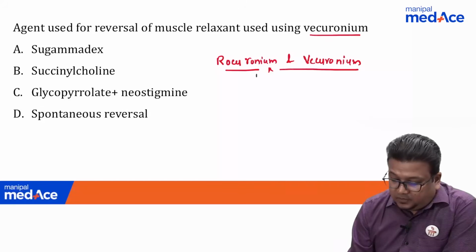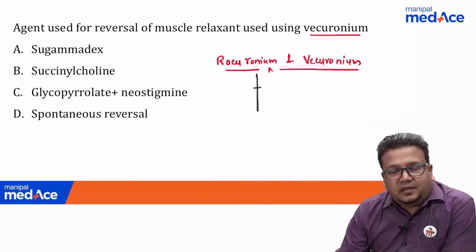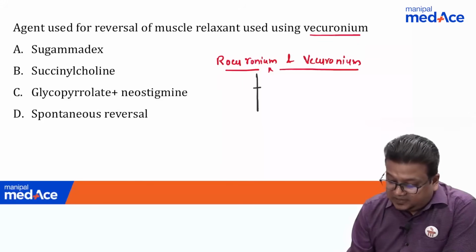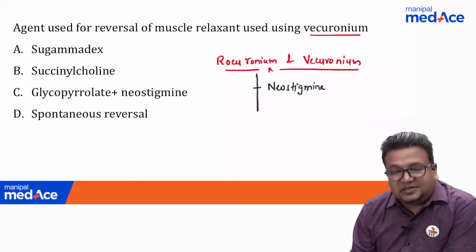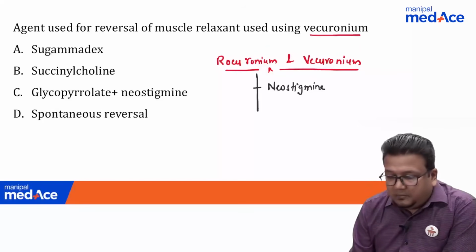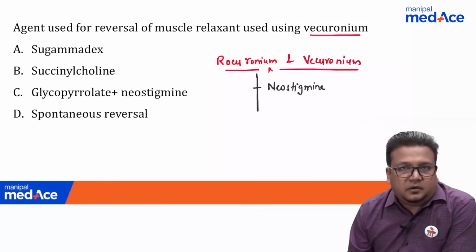Conventionally or historically, to reverse the effect of any non-depolarizing muscle relaxant, we have used neostigmine. So neostigmine can reverse their action as well. But neostigmine is a pretty non-specific drug and has some side effects of its own.